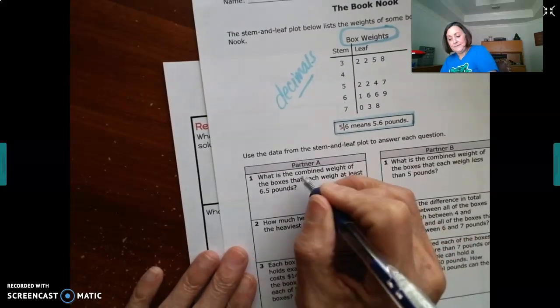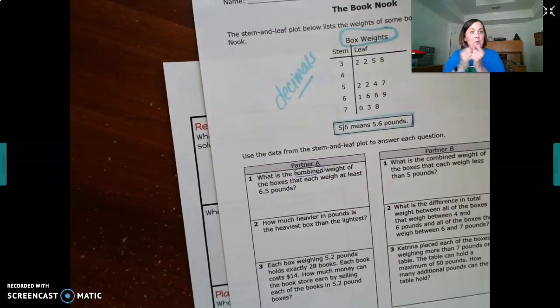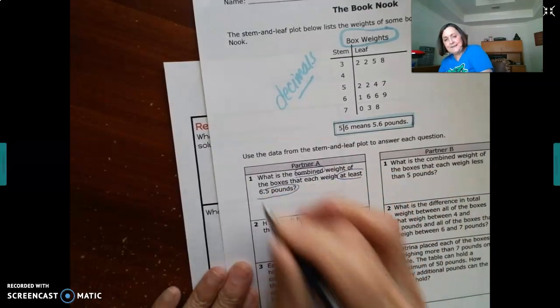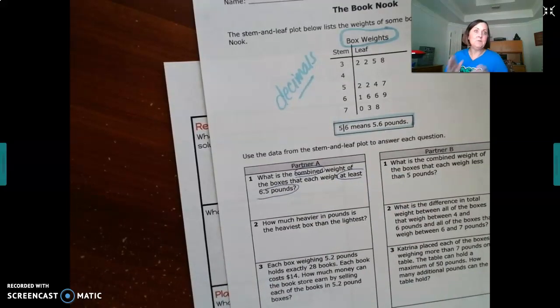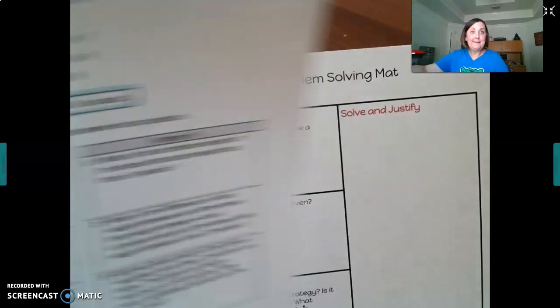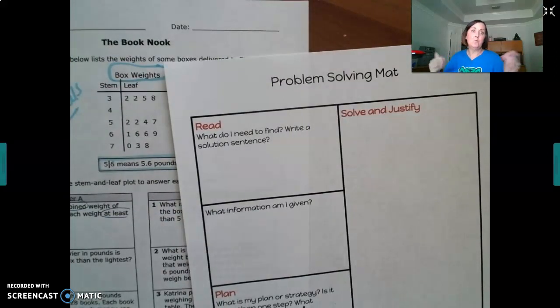We need to find the combined weight, and combined means to put together, of the boxes that weigh at least 6 5/10. Anything less than that, we're not going to put into our plan. So only things that weigh 6 5/10 of a pound or greater.